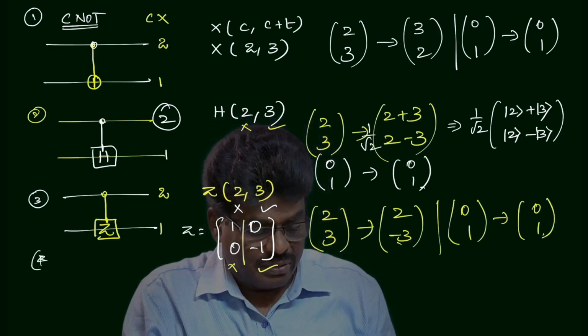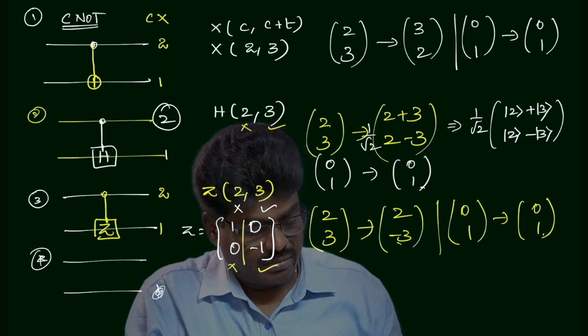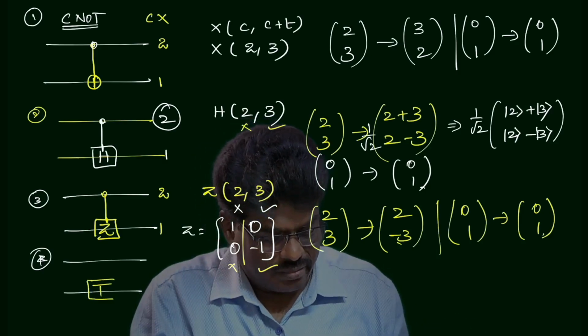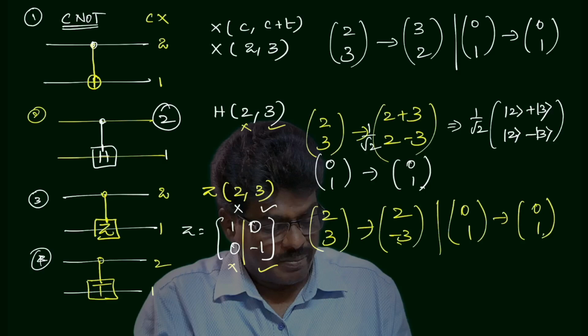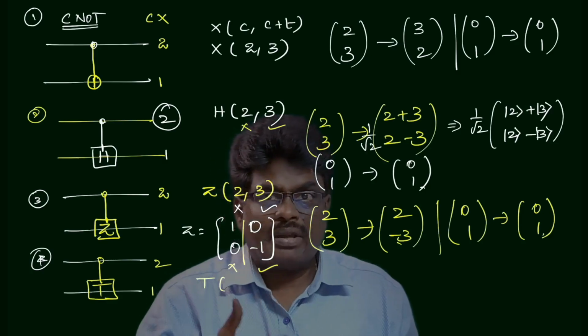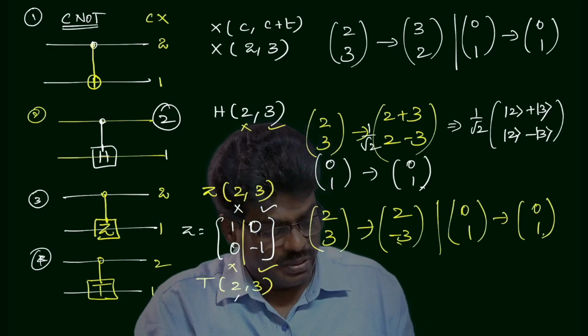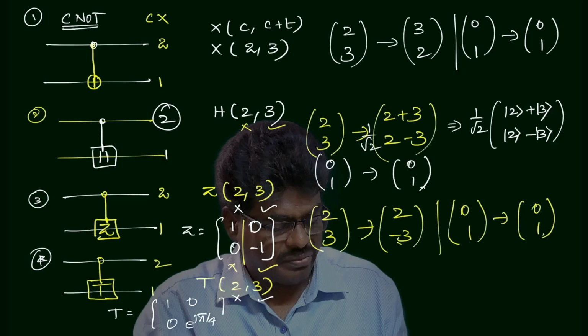And next, the fourth one, let me take a T gate, control T. So here it is again 1 2, and you have to write a T from where to where? 2 to 1. That's why 2 comma 3. 2 is off, 3 is on, and T operator is 1 0 0 e power I pi by 4.